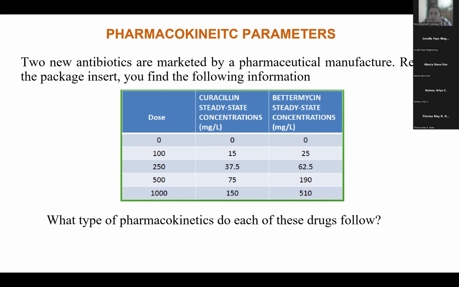Dito papasok yung study of the first order kinetics and the zero order kinetics. So do not forget, just a little review since tapos naman na tayo nito. Syempre, if we have like yung uniform amount of drug being eliminated, you have constant amount of drug being eliminated at constant time also, that is zero order kinetics.